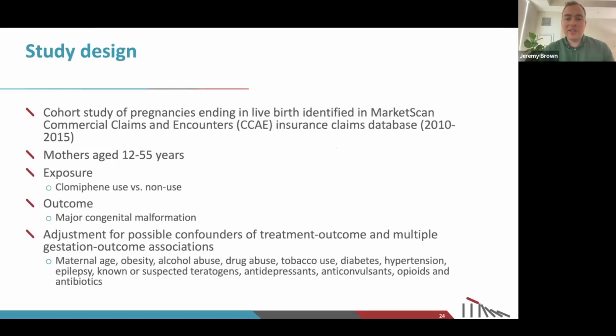And the design was a cohort study of pregnancies ending in live birth, identified in the MarketScan insurance claims database between 2010 and 2015. We selected mothers aged 12 to 55 years and those pregnancies ending in live birth amongst those mothers. And the exposure was clomiphene use versus non-use, with an outcome of major congenital malformations. And we adjusted for potential confounders of the treatment outcome and multiple gestation outcome associations.